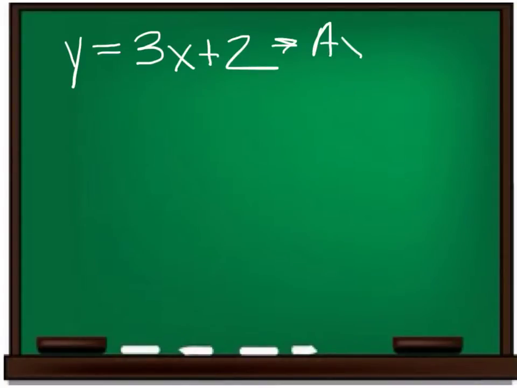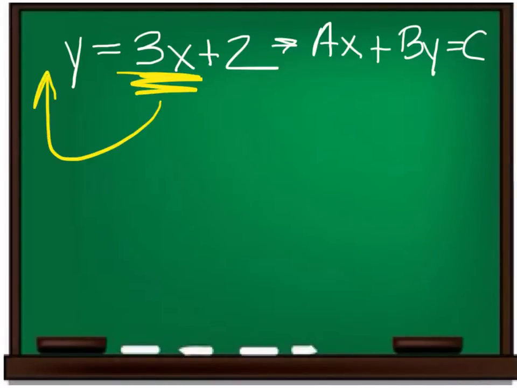In example 2, we have y equals 3x plus 2. We want to change that to ax plus by equals c. Move this x term over to the left and change the sign. So now it's negative 3x plus y equals 2.